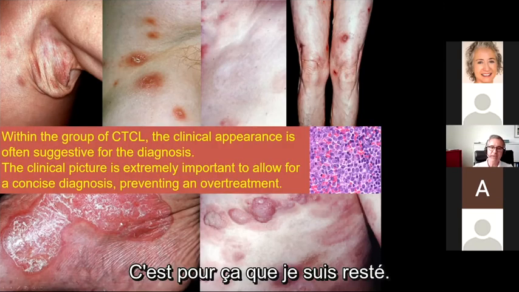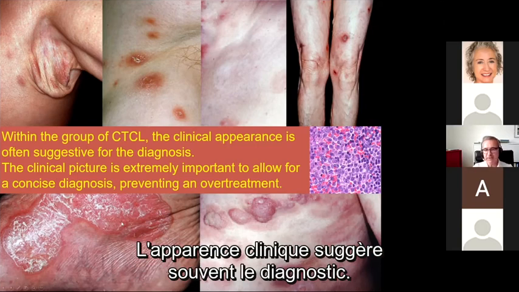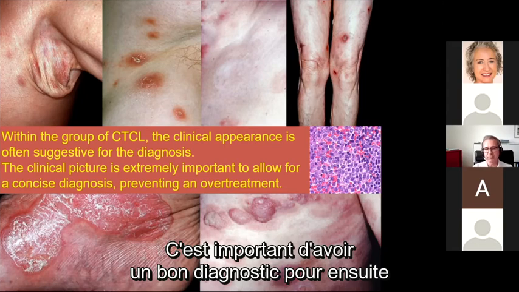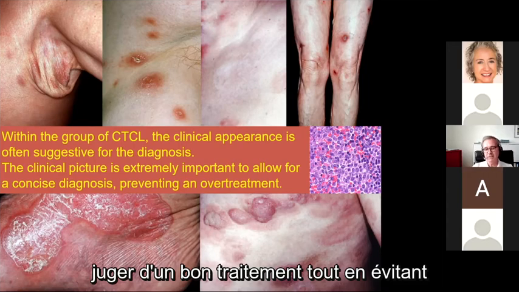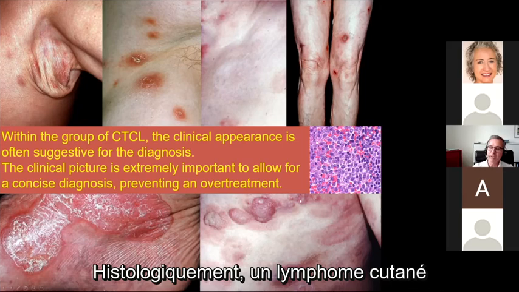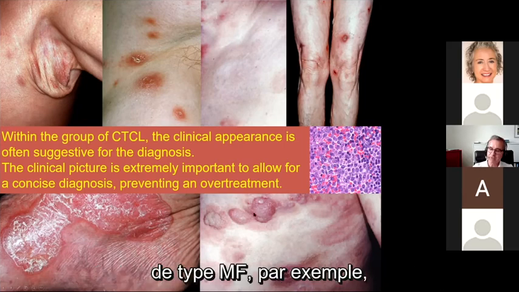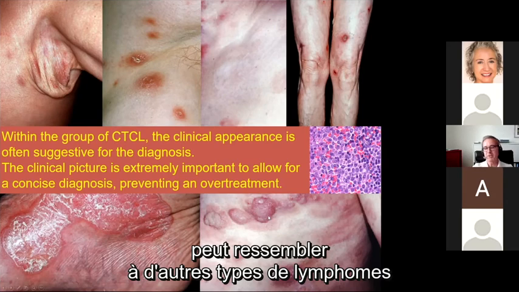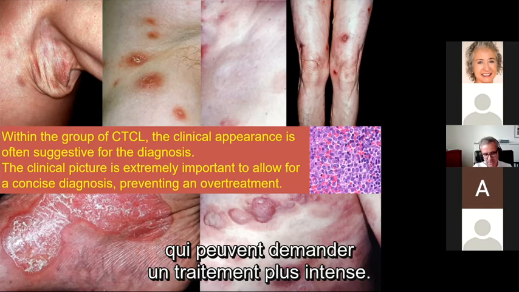It focuses on the clinics, because the clinic is one of the leading markers for actually making a diagnosis. And that's why I state here that the clinical appearance is often suggestive for the diagnosis, and it is very important to allow a proper diagnosis and then making the right judgments for a treatment and prevent overtreatment, because histologically a cutaneous lymphoma, for instance of the MF type, may look very much similar to other types of lymphomas which may ask for a more intense treatment.